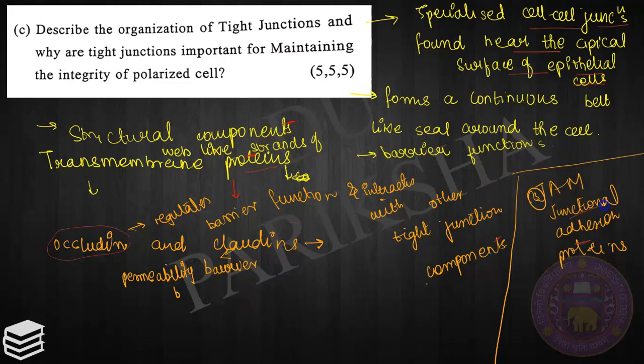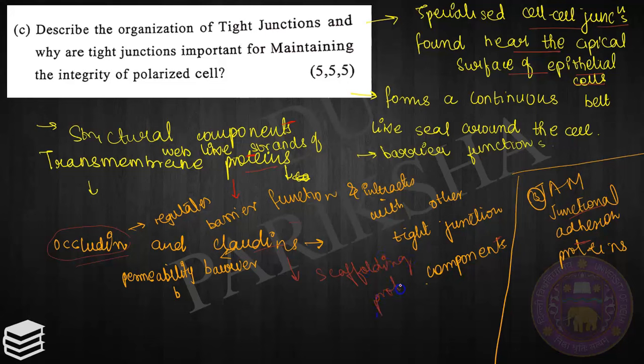While we have junctional adhesion proteins, they also help in cell adhesion. एंड ये जो साइटोप्लाज्मिक टेल होती है ऑफ क्लॉडिन एंड ऑक्लूडिन एंड जैम, ये इंटरैक्ट करती है विद व्हाट, स्कैफोल्डिंग प्रोटीन्स के साथ.